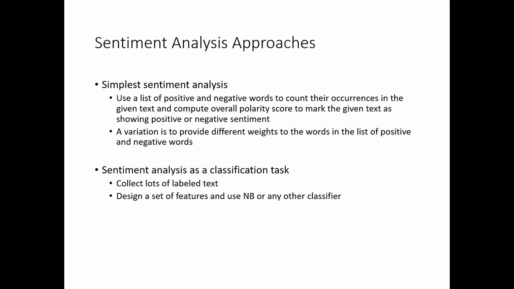So for real work, what people do is collect a lot of data, get annotation or labeling done, positive, negative, whatever it is, and then train a classifier and use that classifier.